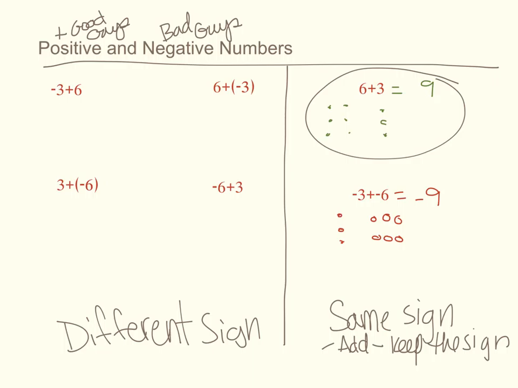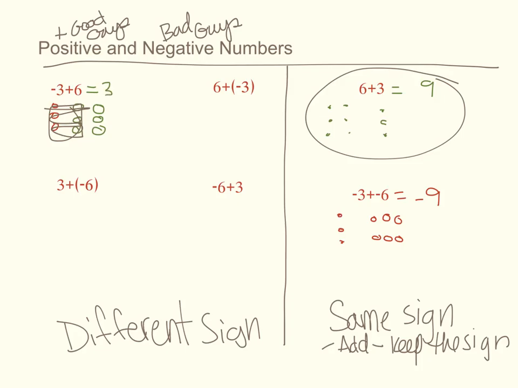On this one, we have 3 as our bad guys, 6 as our good guys. So you have 3 bad guys, and they're going to fight with 6 good guys. So basically these are going to be taken out, and you're left with 3 good guys.